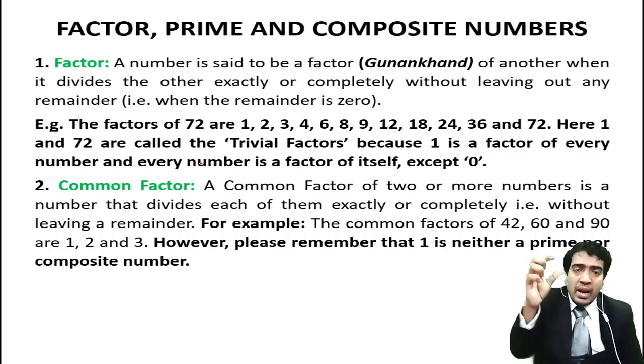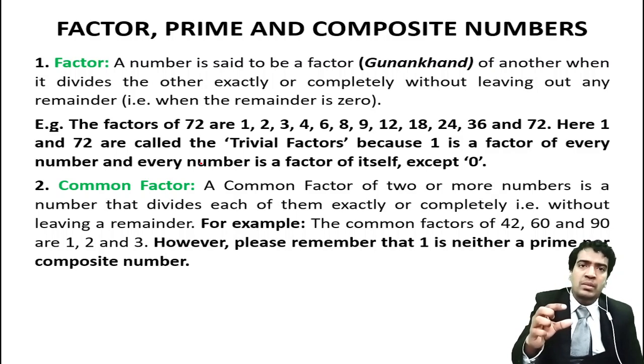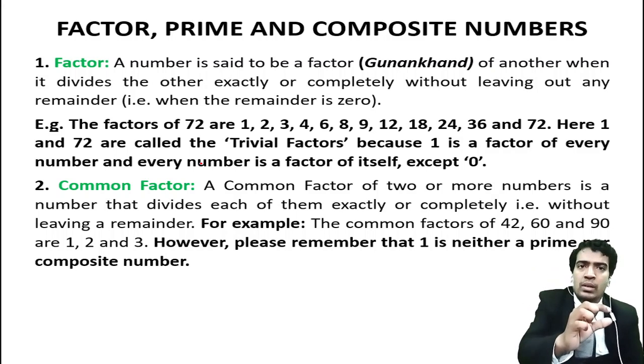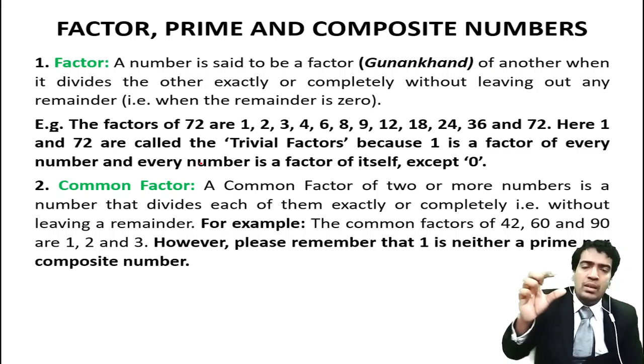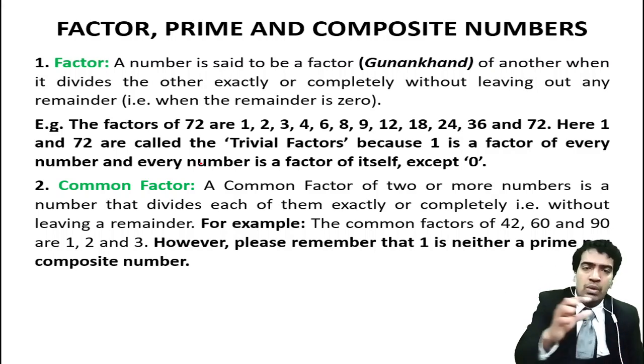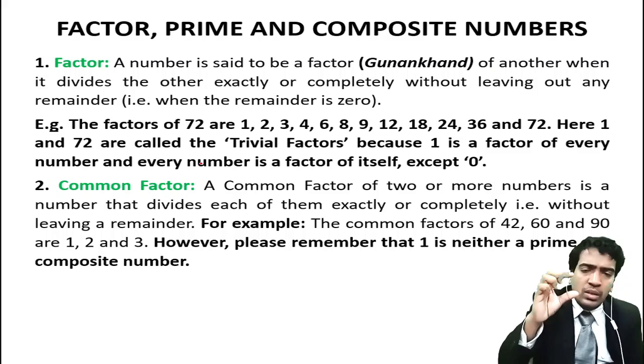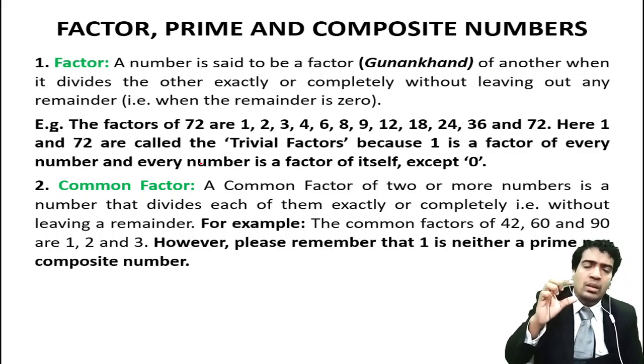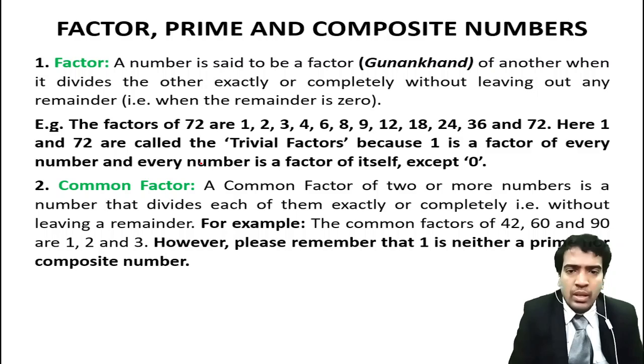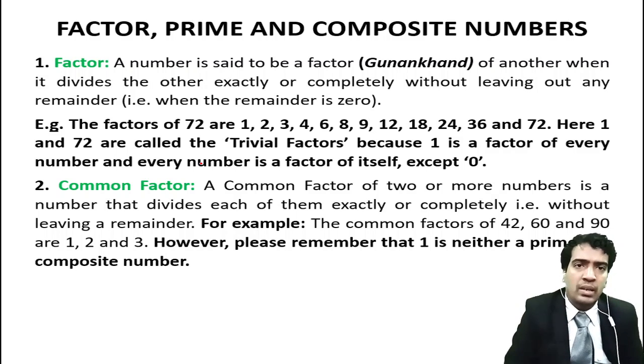The number dividing the dividend is the divisor. And when you divide the dividend by the divisor, you have the quotient. If it divides exactly, you would have the remainder as 0. If it divides partially, you would have some remainder. So when you call a number a factor, the divisor divides the dividend exactly. Only then will you call that number a factor.